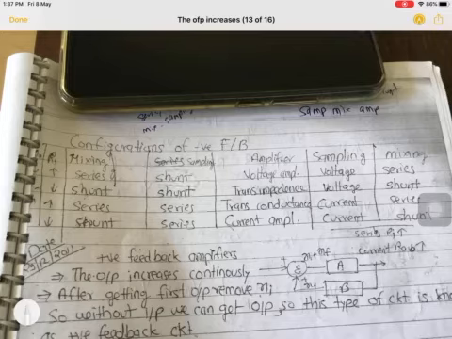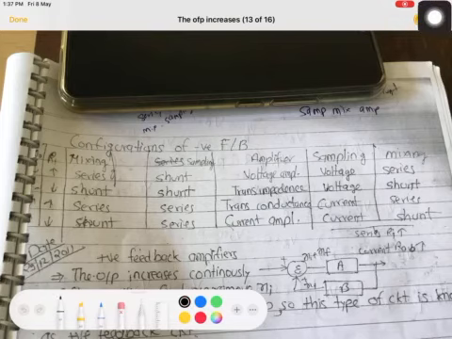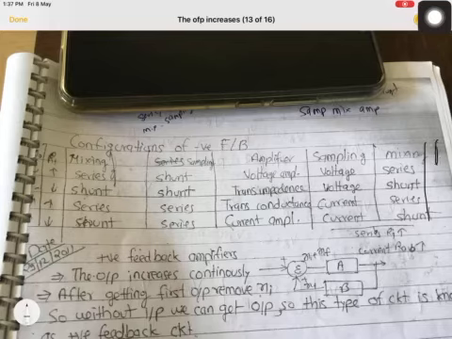So if we talk about the voltage amplifier, the sampling is done in shunt. Whenever we are doing shunt sampling, it means we are adding in parallel. So its output impedance... This column, I think, is not visible here, let me draw it. RO, RI is input.